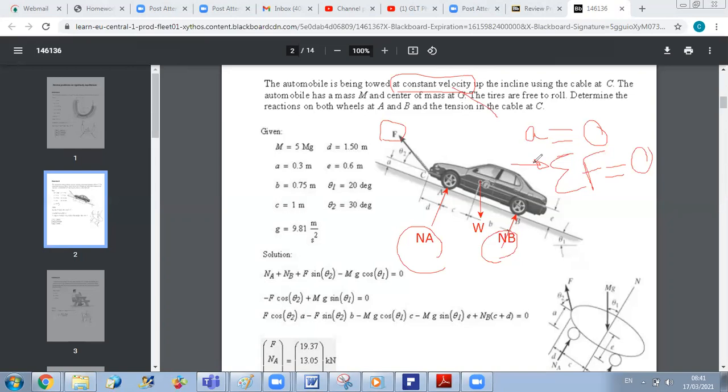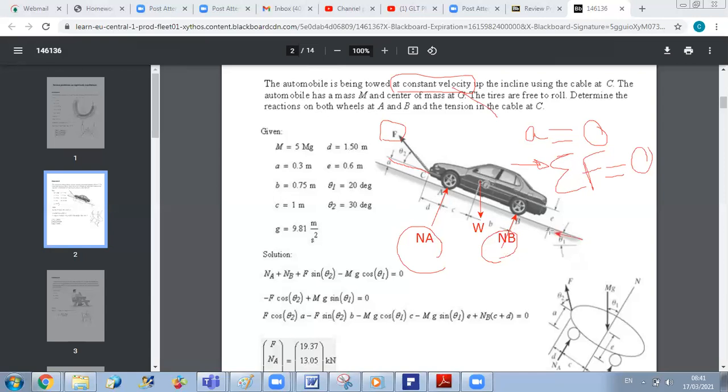First, of course, I should select an XY coordinate system. Here, since they gave me the angle of F with the incline, and I know that NA and NB are perpendicular to the incline, it is easier to take XY like this.